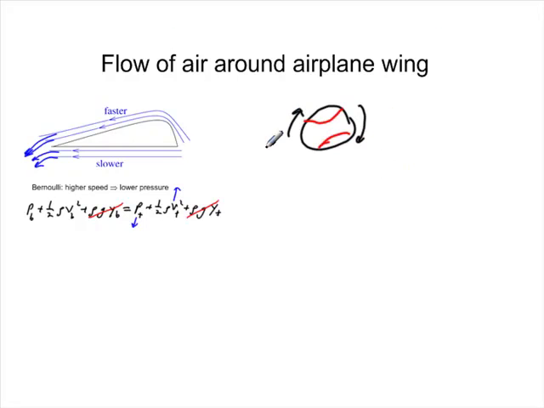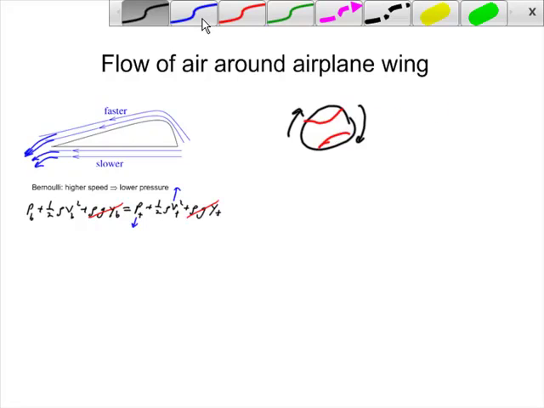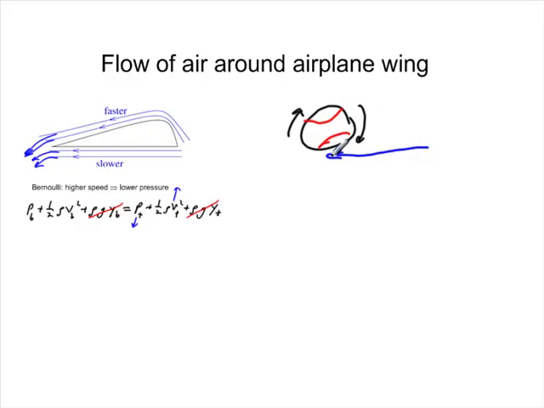Okay, so the baseball spins like this. The baseball itself is moving to the right, which means the effective wind velocity is to the left. The wind on the bottom gets tugged by the roughness of the ball, pulled around this way, and tilted upward.